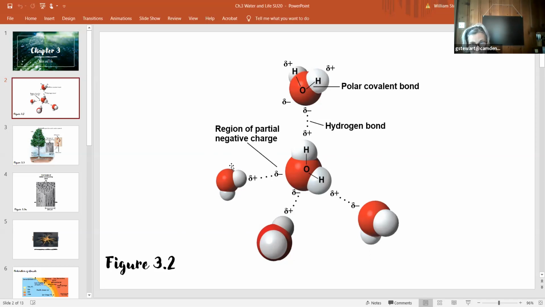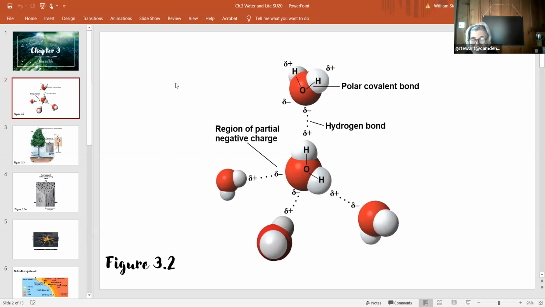These hydrogen bonds, which are the result of individual water molecules being polar covalently bonded together, give water 4 special properties that no other liquid has on planet Earth. That's why the chapter is called Water and Life, because we're talking about life on Earth and the importance of water for life on Earth.